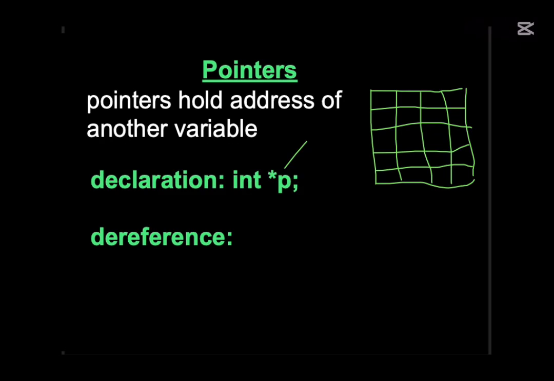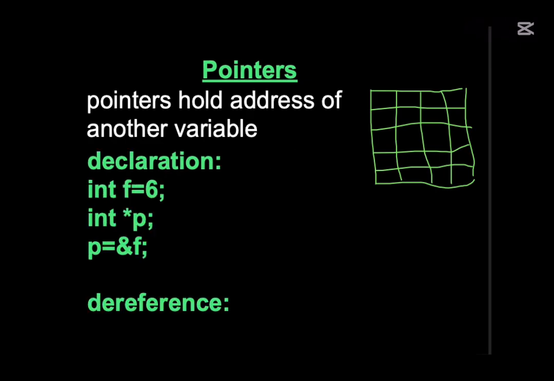So now we need to actually assign values to these pointers. So now how do we do that? Now we've actually assigned an address to this pointer. So now p is holding the address of f.